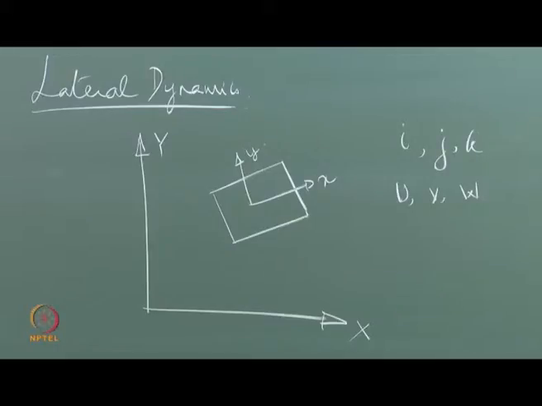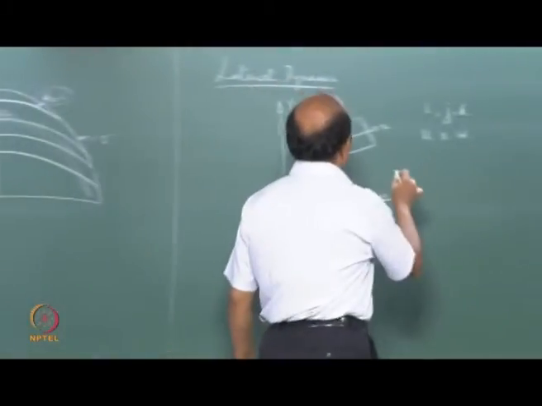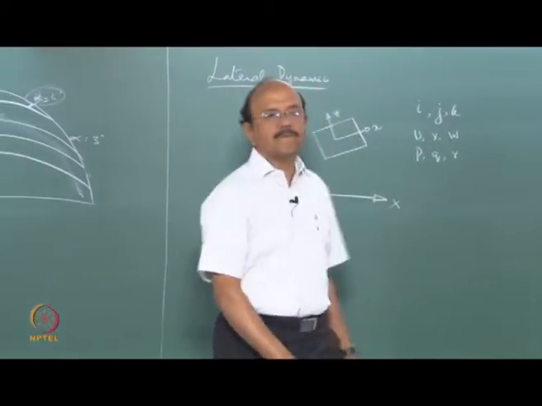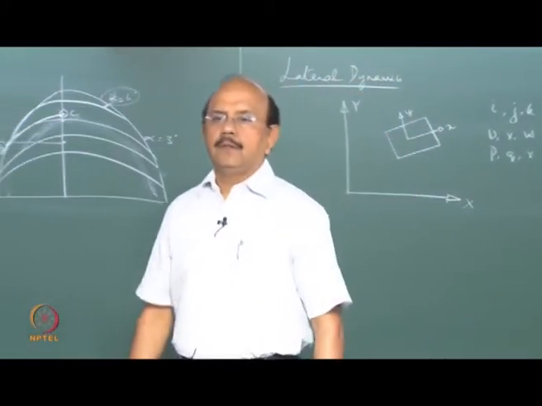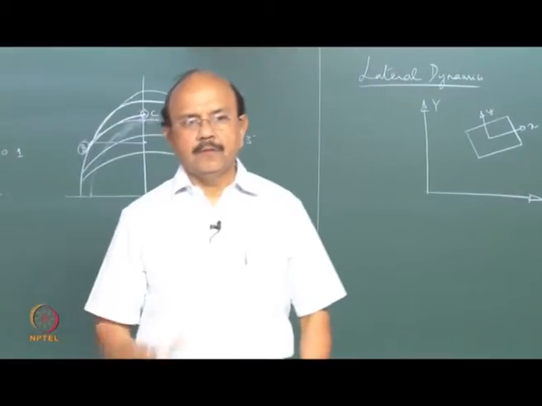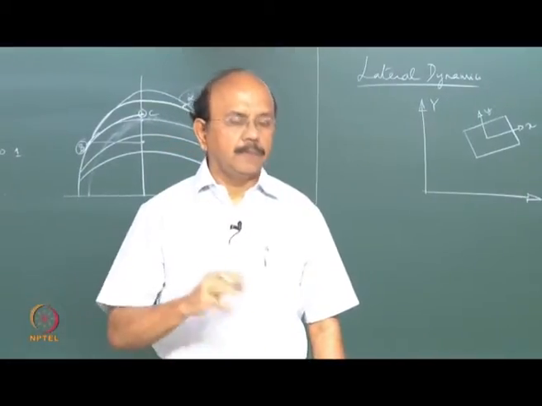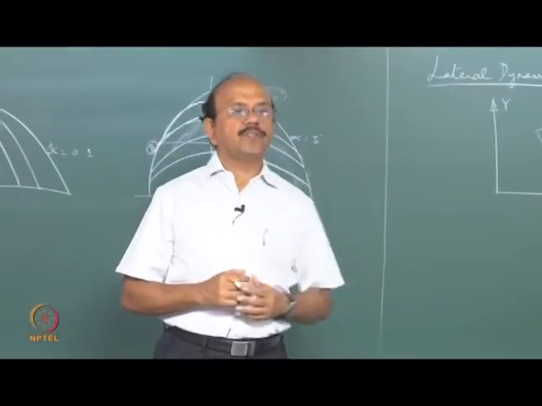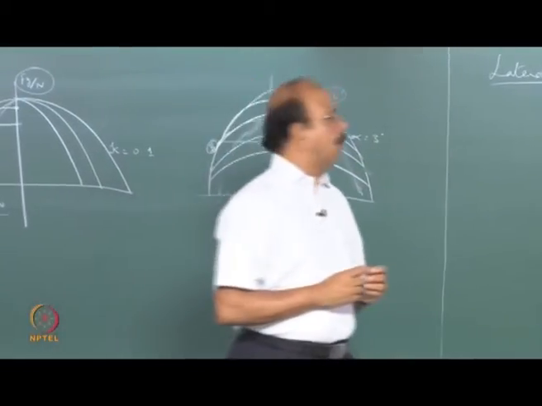And let's say that the rotation, which we would call as p, q, and r, denotes the angular velocity of the vehicle.